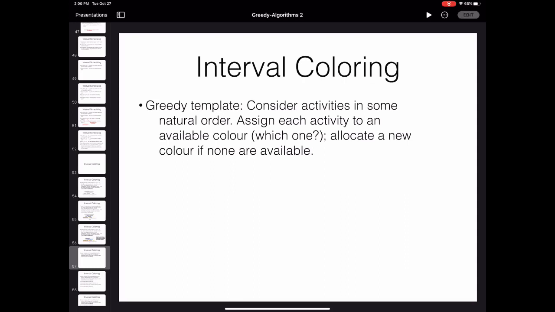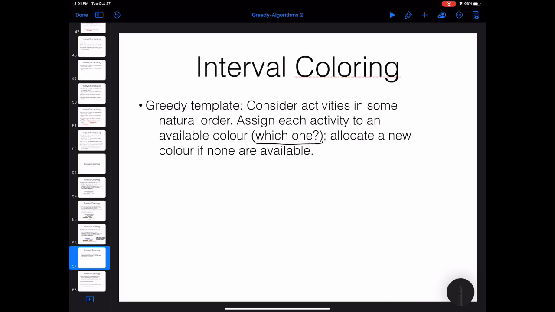Then for each activity, each job, I will assign a color, and then the next activity will be colored with the first available color. Okay, there's a question of how you know what the first available color is? That's why I put the question mark here, but this is something we can discuss later.